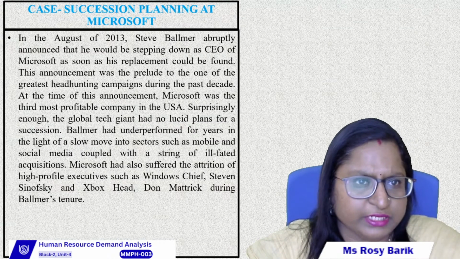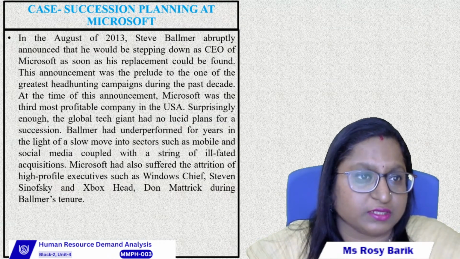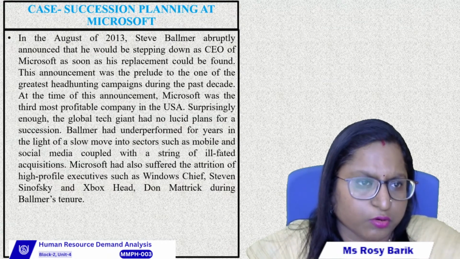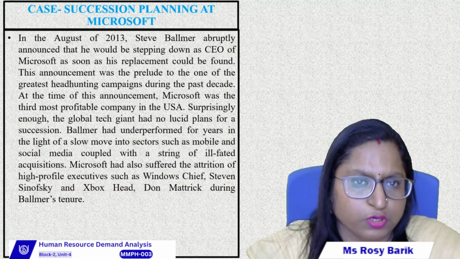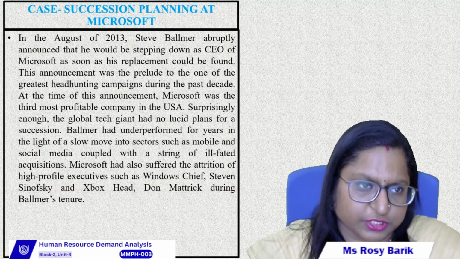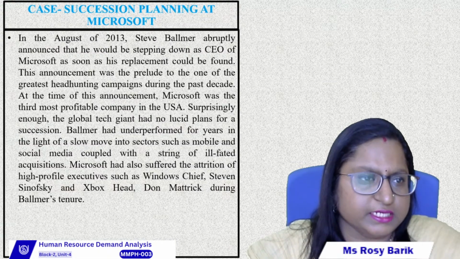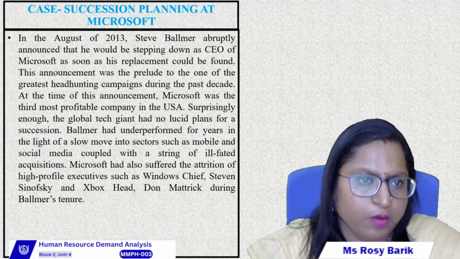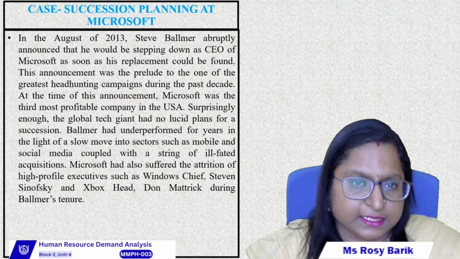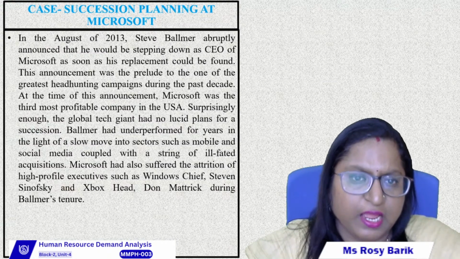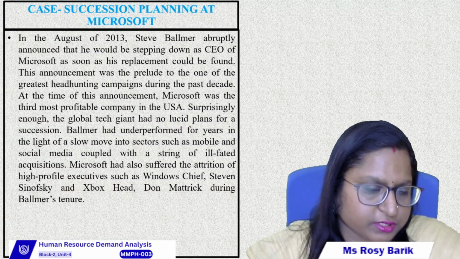At the time of his announcement, Microsoft was the third most profitable company in the USA. Surprisingly enough, the global tech giant had no lucid plan for succession. Ballmer had underperformed for years in light of a slow move into sectors such as mobile and social media, coupled with a string of ill-fated acquisitions.